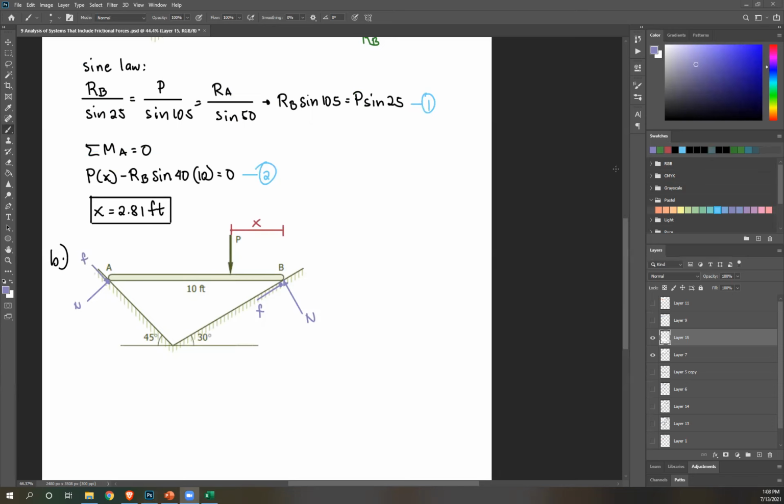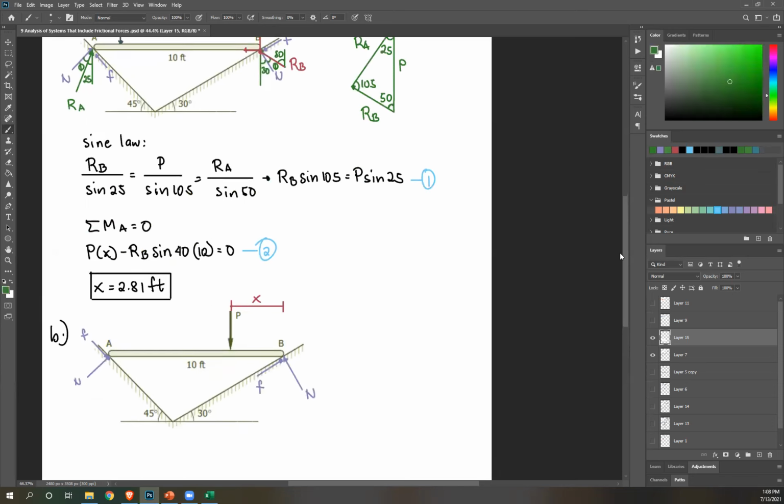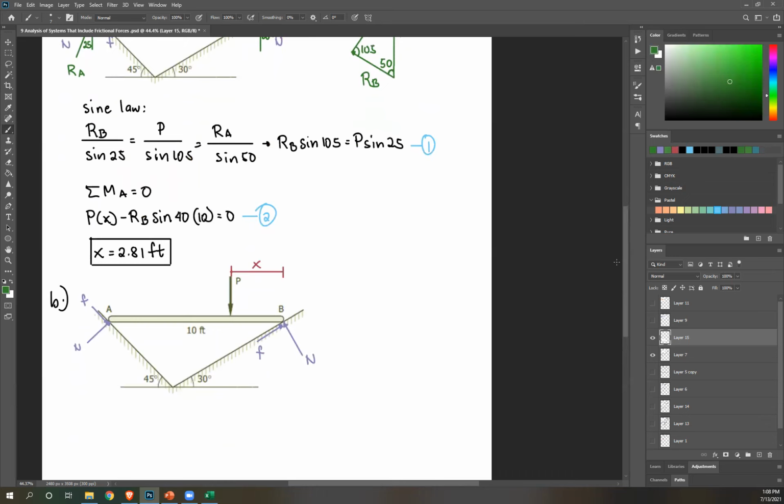And then to reduce the unknown, we're going to use the resultant. Again, resultant is angle from N. So let's call this RB. And this is your N. And then this is your RA. This is phi.